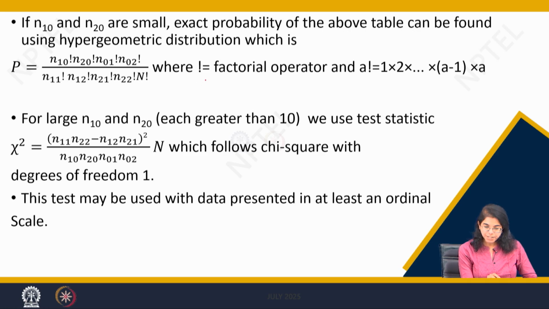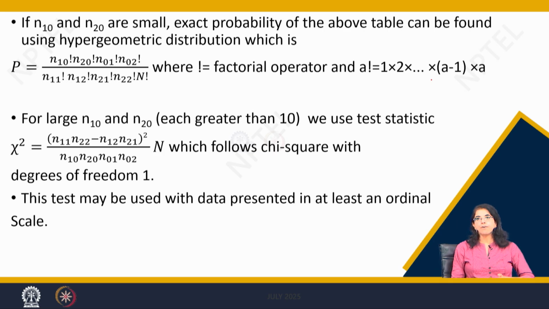All of you might not have the idea regarding the factorial. The factorial operator works like this: a factorial is nothing but 1 times 2 times 3, multiplying all the natural integers up to a.